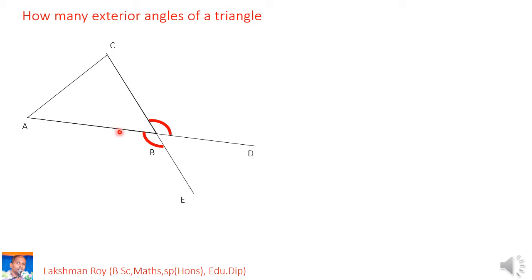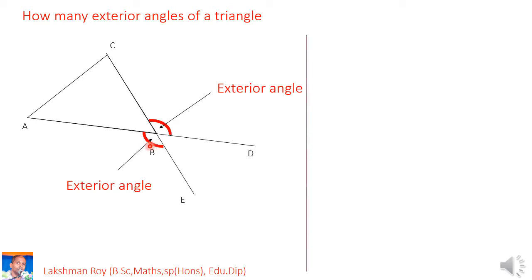So here you can see, if I produce CB side, then the non-produced side is AB, and here also it forms an exterior angle. So in this B vertex there are two exterior angles. This one is also an exterior angle and this one is also an exterior angle. But remember, students, we learned a result.